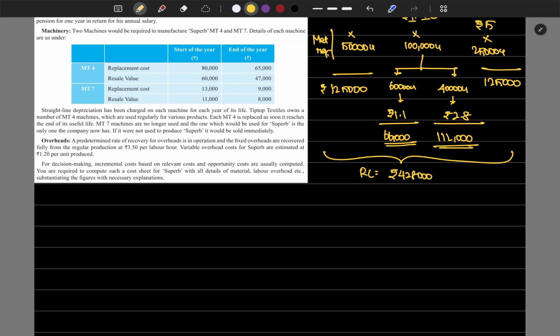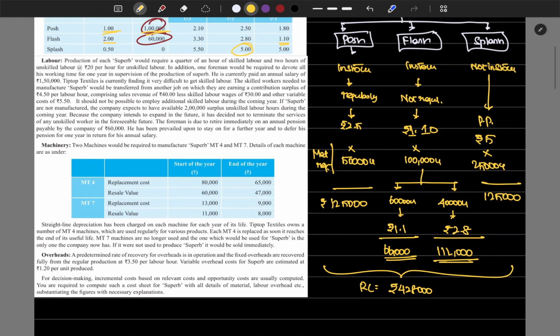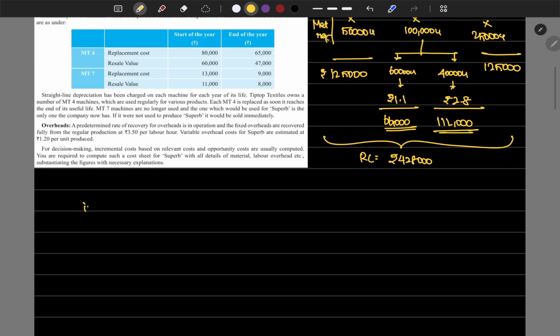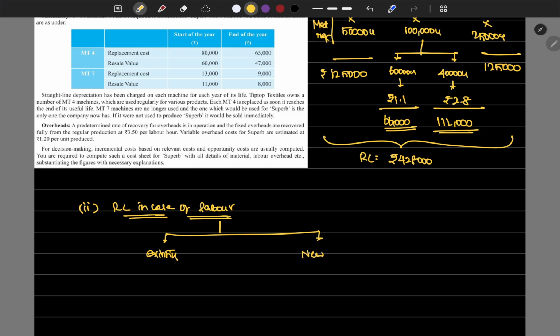Next point, relevant cost in case of labor. What we have to know when it comes to labor is whether this labor is an existing employee or newly hired.